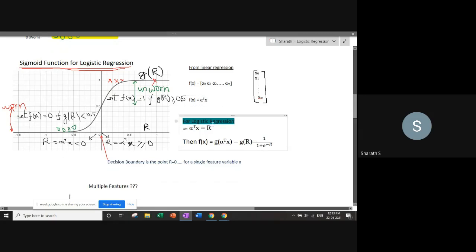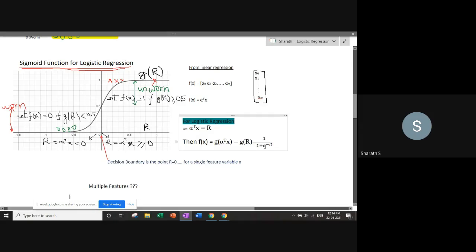So if you call alpha transpose x as R, then you apply an activation function G on it, G(R), such that it is equal to 1 over 1 plus e raised to minus R. So f(x) = 1 / (1 + e^(-alpha transpose x)). That is the logistic regression model.